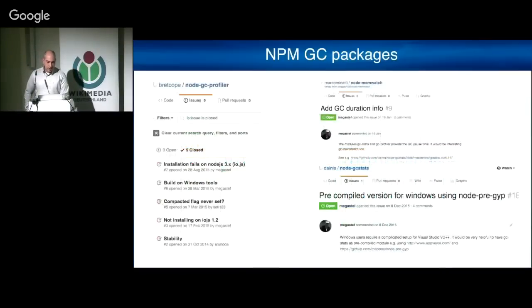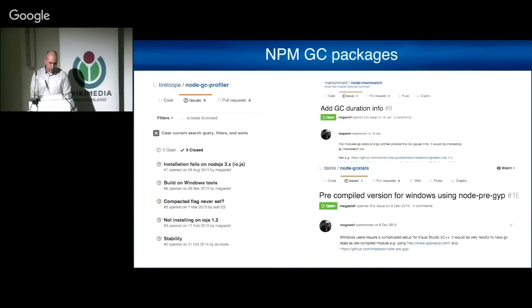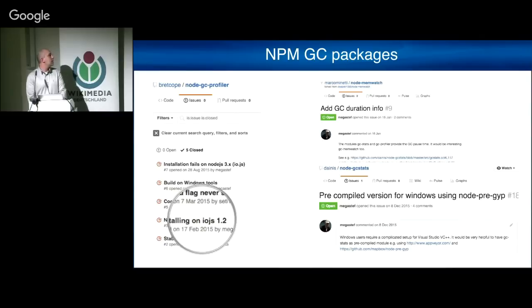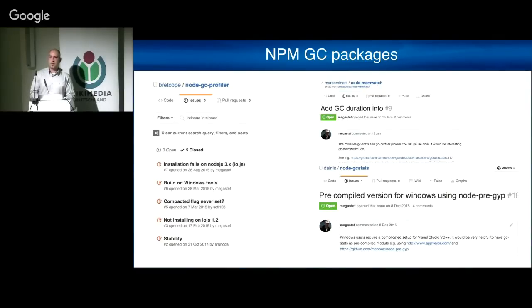And so there were then talks on GitHub. Typical situation was that it's not installing on IO.js, on different IO.js versions. Then other problems like compile problems on Windows, or we should provide pre-compiled versions of it.